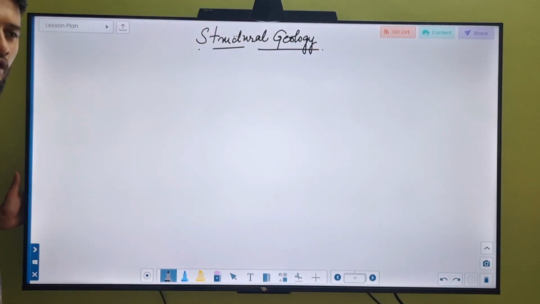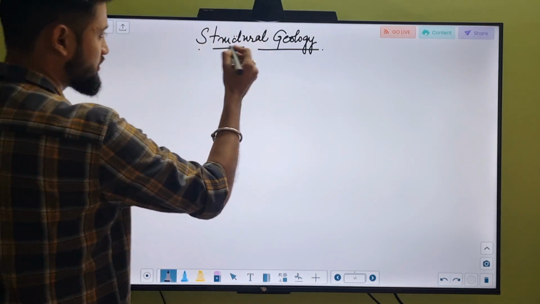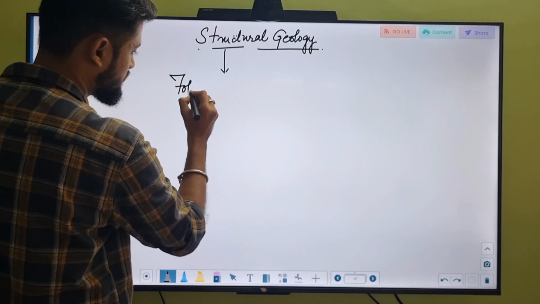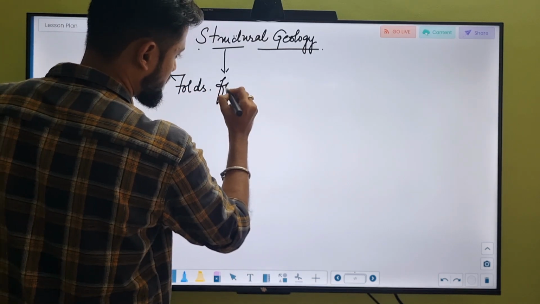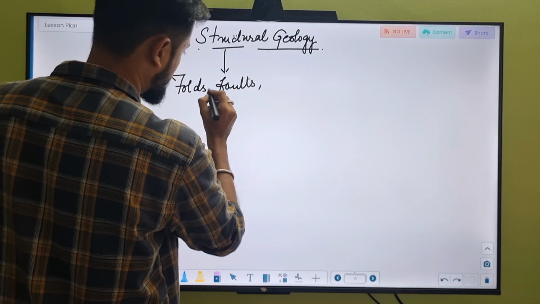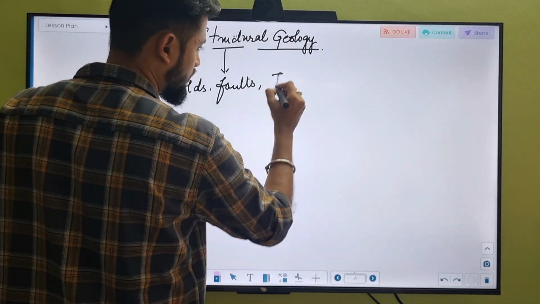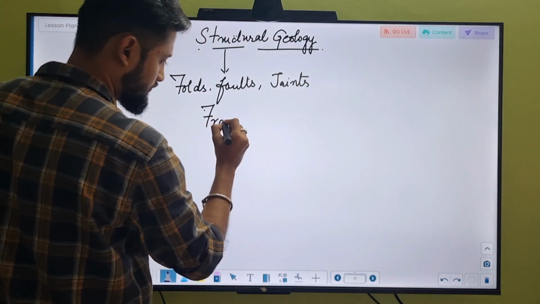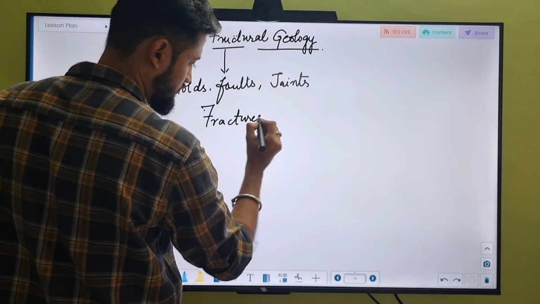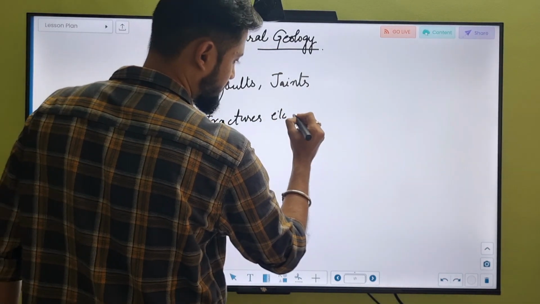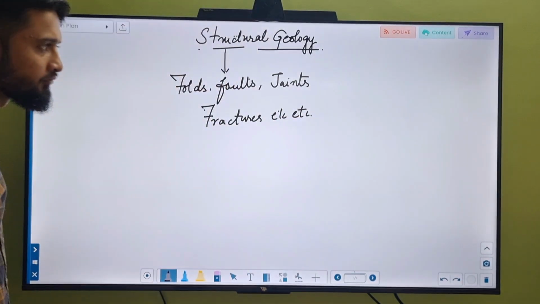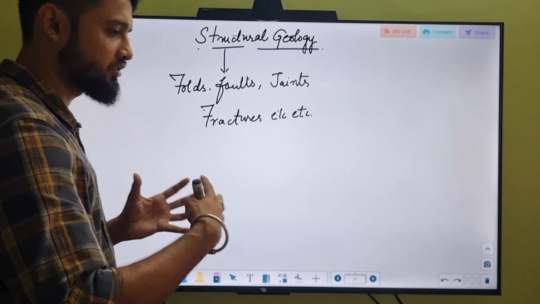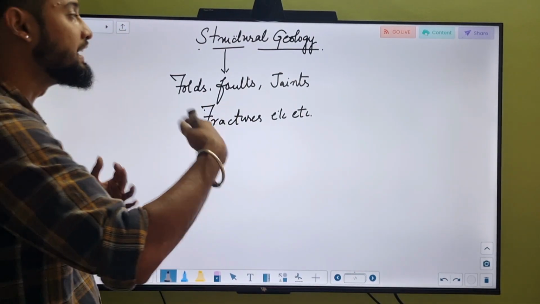So basically, we all know that structural geology is nothing but the study of folds, faults, joints, fractures, etc. So basically, structural geology is nothing but the study of the structural aspect of the rock which is exposed.